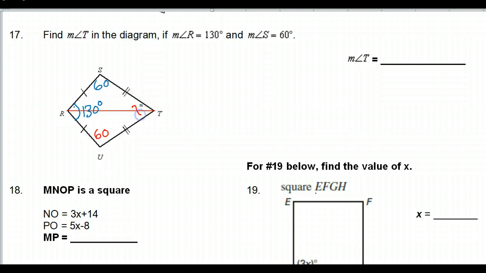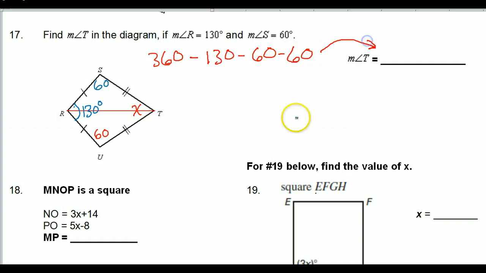We can find that by subtracting from 360. So I'm going to take 360 degrees and subtract 130 and 60 and the other 60 and see what I get.